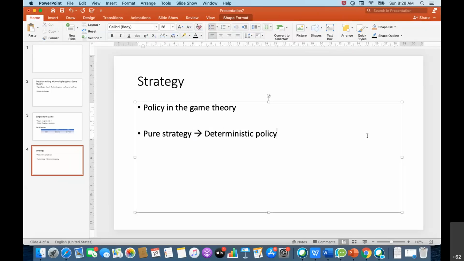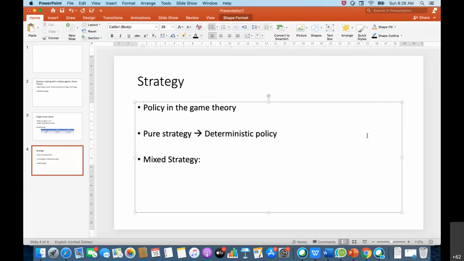Now, many games have another strategy that is called a mixed strategy. What is that? A mixed strategy is where the agents or players randomize the policy to select an action with respect to probability.